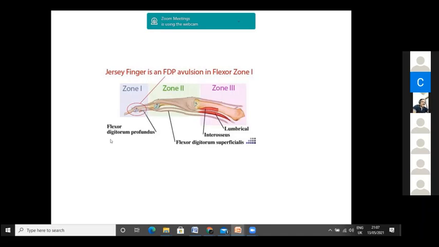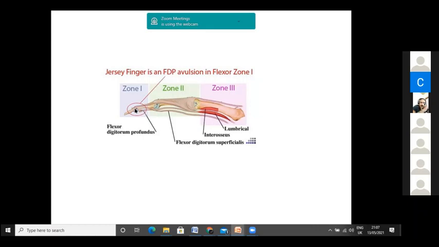So a jersey finger is an avulsion of the FDP from this zone. Sometimes this tendon can go even up to the palm, and there is a classification based upon how much it has retracted. So when you have a tendon injury, what do you do? You try to attach it to the bone.